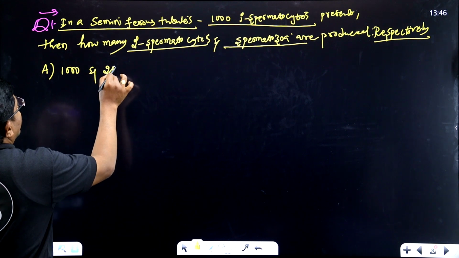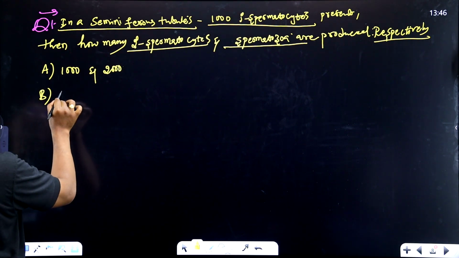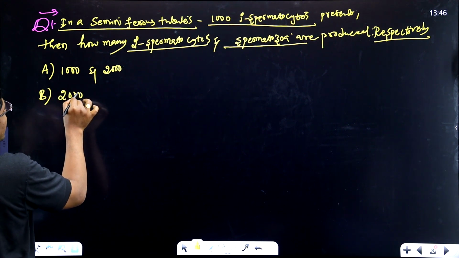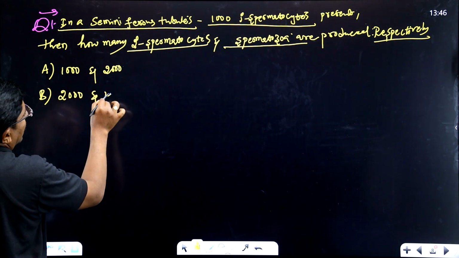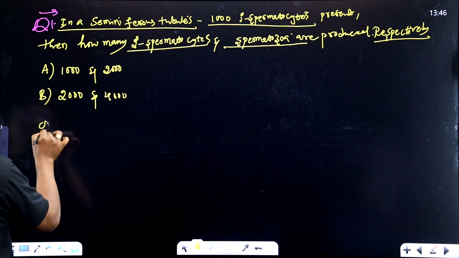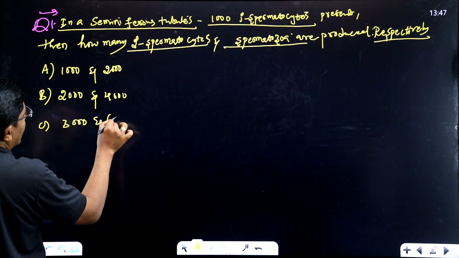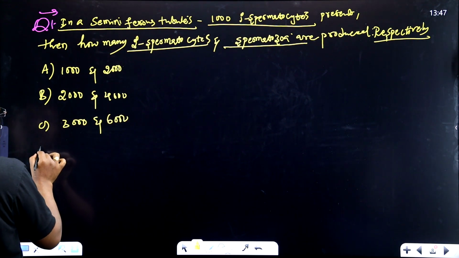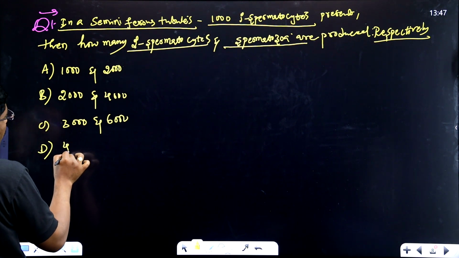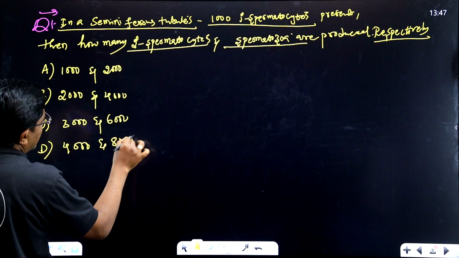Option B: 2000 and 4000. Option C: 3000 and 6000. Option D: 4000 and 8000.